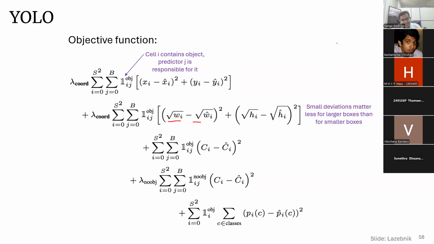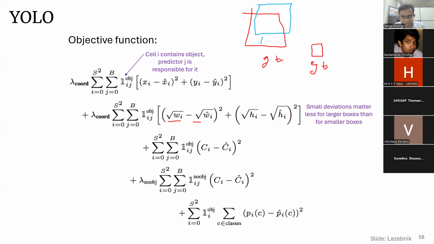So you can see, if the boxes are small, okay, this is the ground truth box. Okay, let's see a large box. This is the ground truth. And let's say this is the prediction.